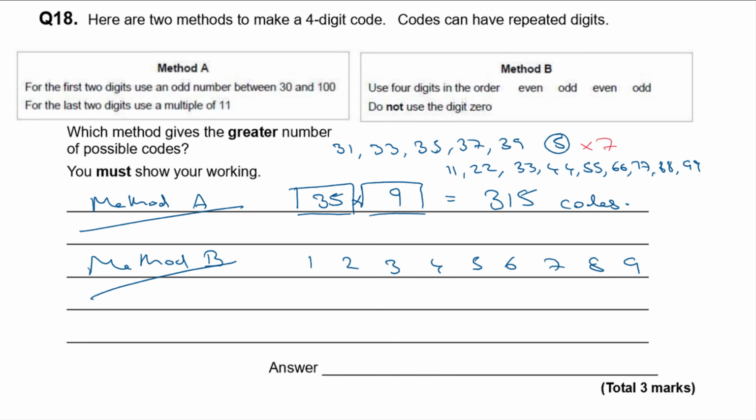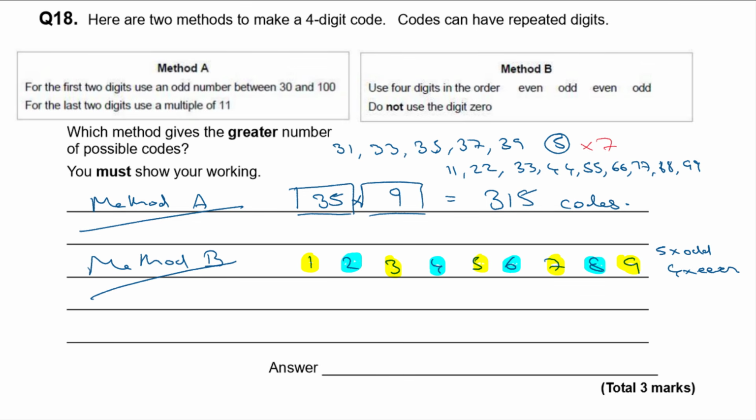Can't use 0. So I've got 5 odd numbers and 4 even numbers.